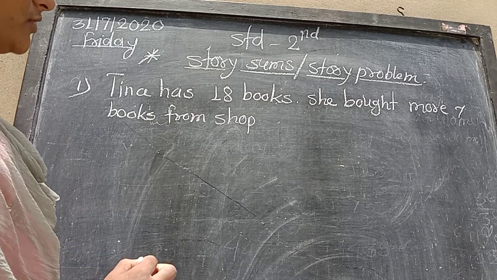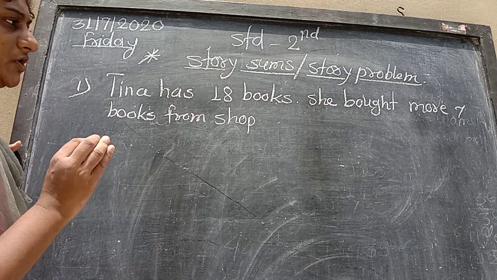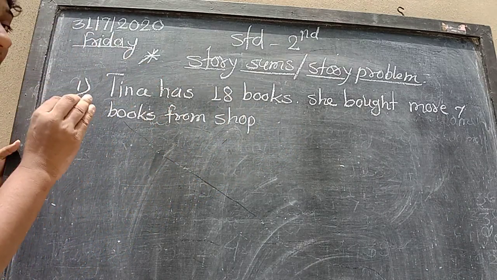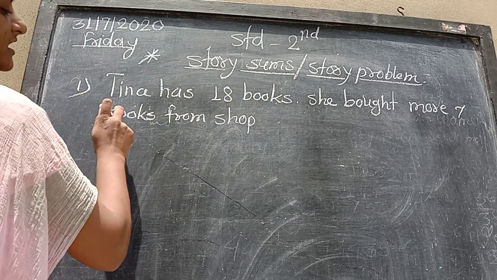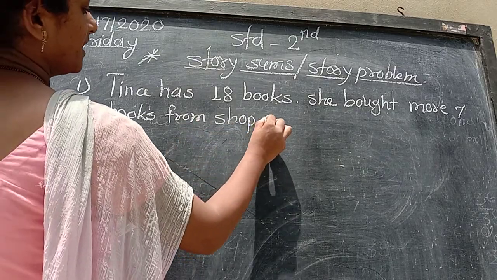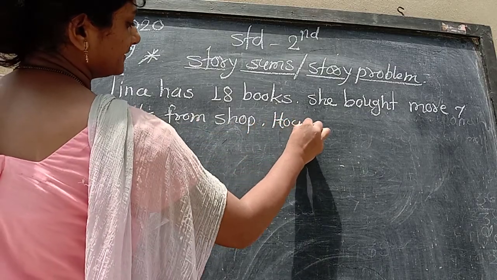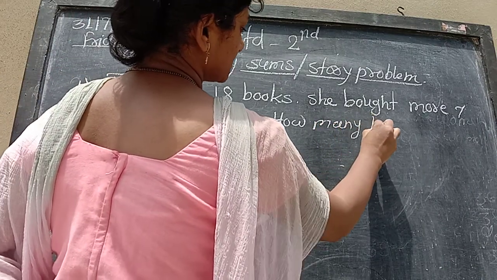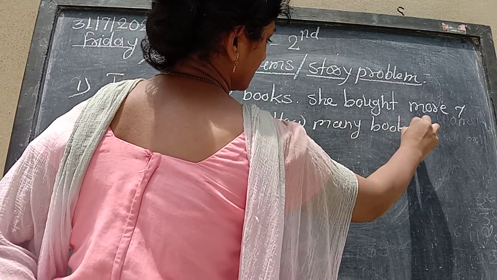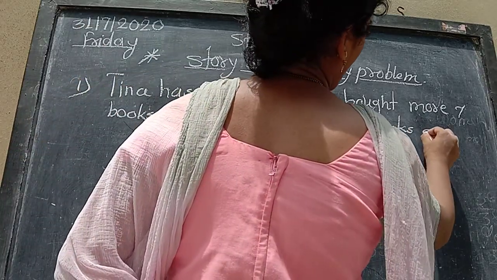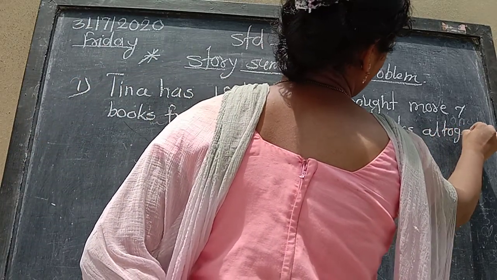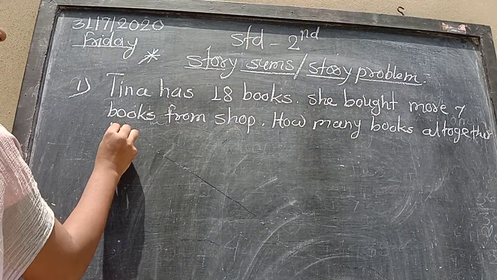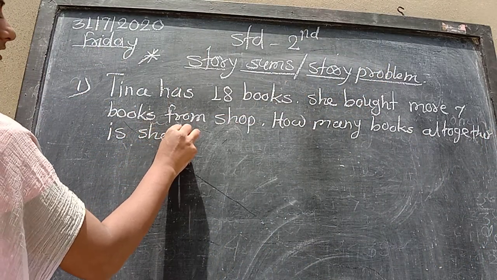Attention students, what is written on the board? This is the most important thing. Whenever you are going to read the question, read it with understanding. Next sentence: how many books altogether does she have?